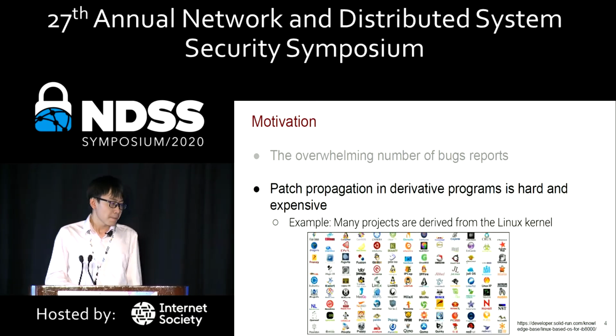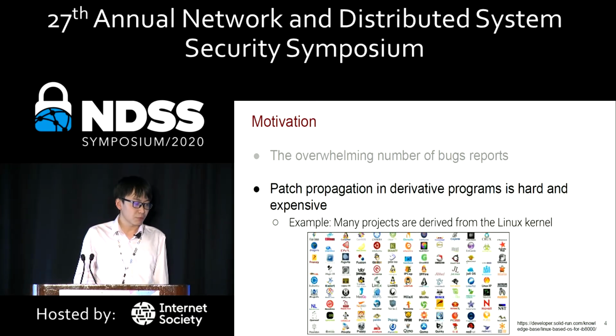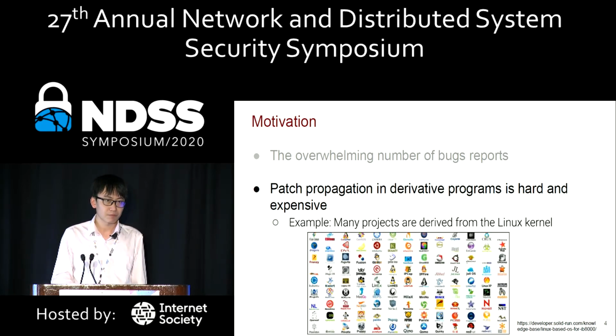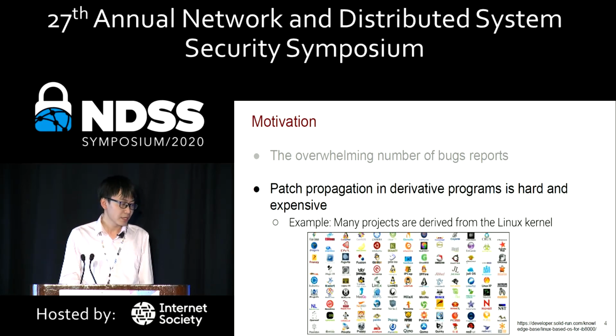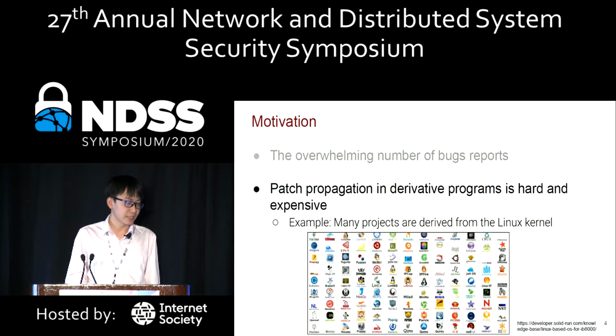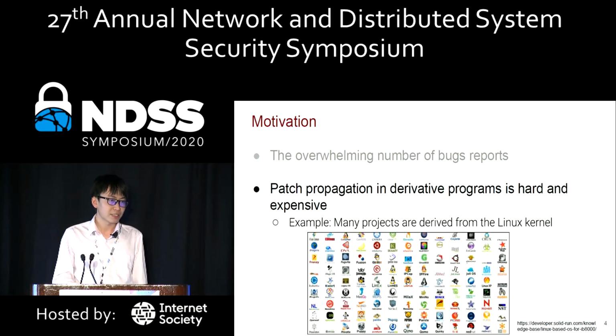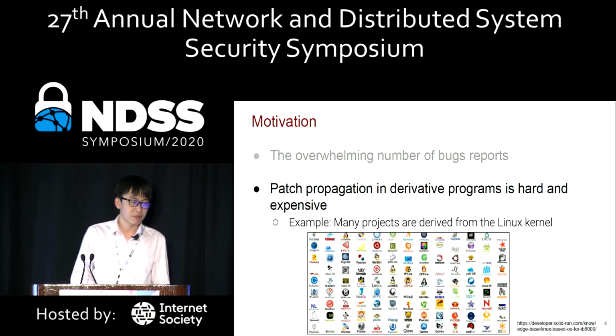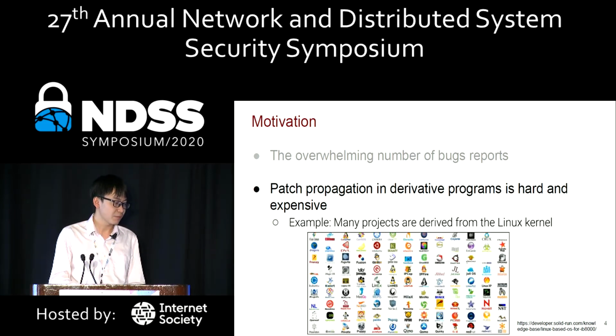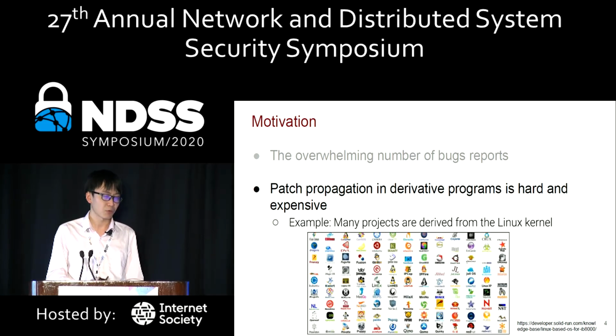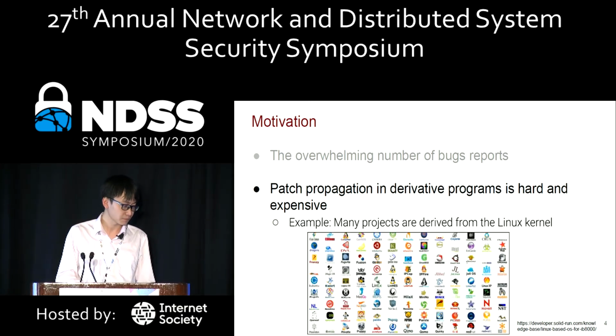And second, patch propagation in derivative programs is hard and expensive. For example, many projects are derived from the Linux kernel. So if there is a security bug in the Linux kernel, even if it has been fixed, it will take a long time for other derived programs to fix this vulnerability.